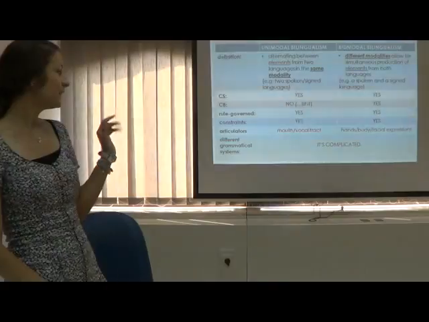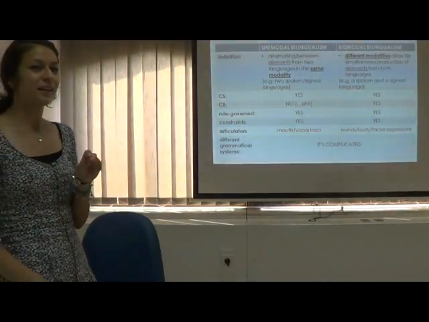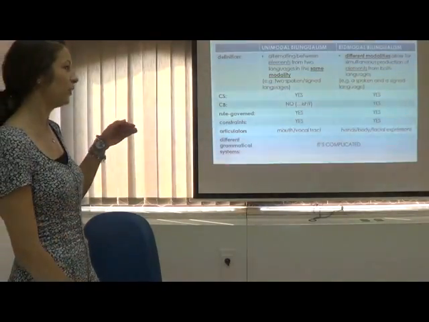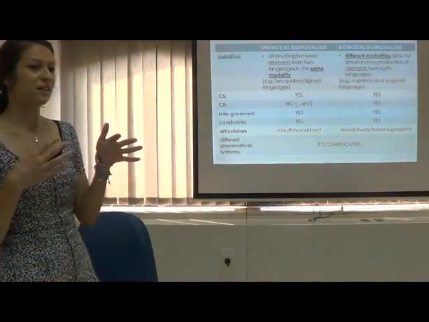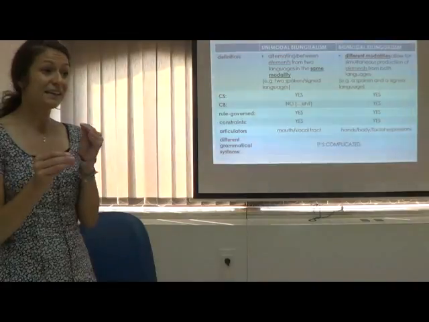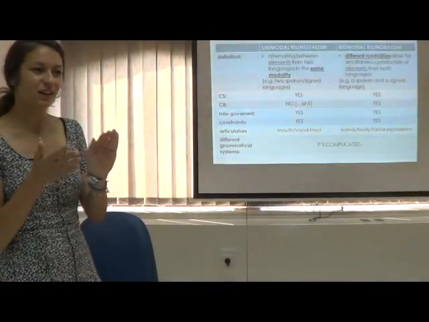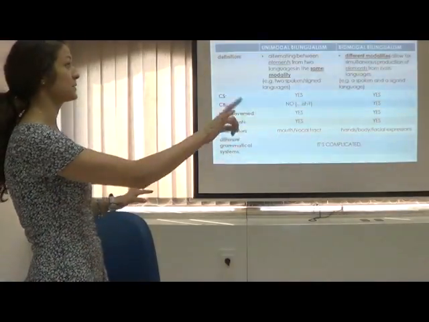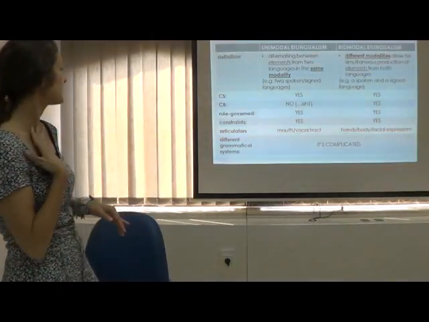There's not really the code blending that we see in bimodal bilinguals, but we're going to see as we go that the definitions and theory behind blending and switching are a little iffy, so there might be some code blending, but not in the same sense that bimodal bilinguals express it.